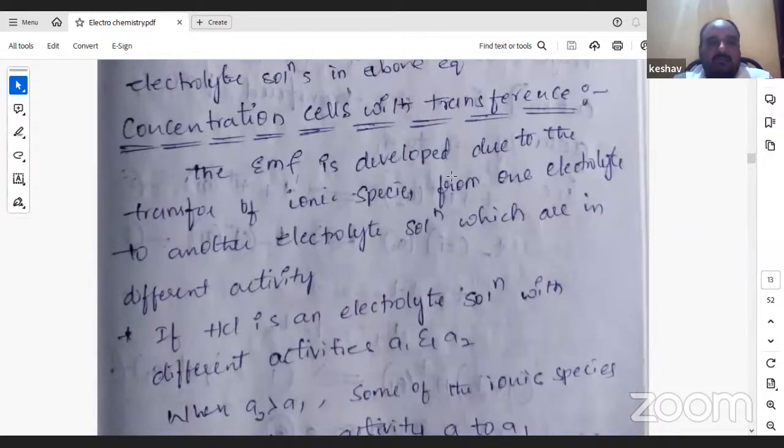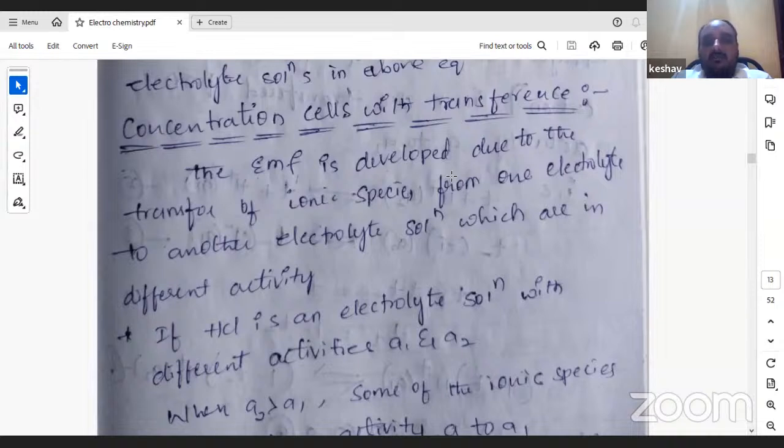Yes, that's right. So today we discussed concentration cells with transference. With transference means direct transfer of ionic species, either cations transferred from one electrolyte to the other, or anions transferred from one electrolyte to the other. Because the ionic species is transferred, how will the potential be developed?